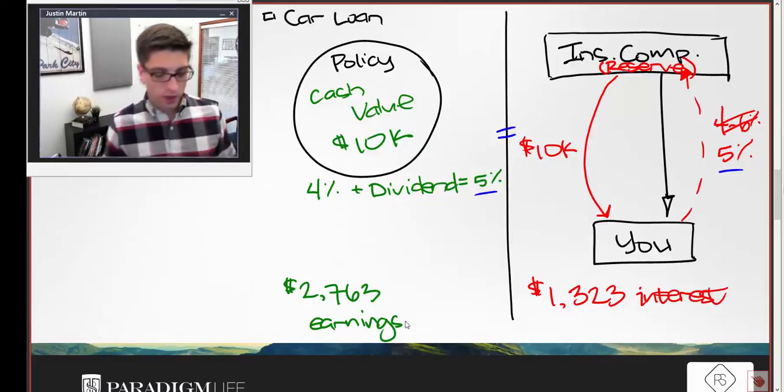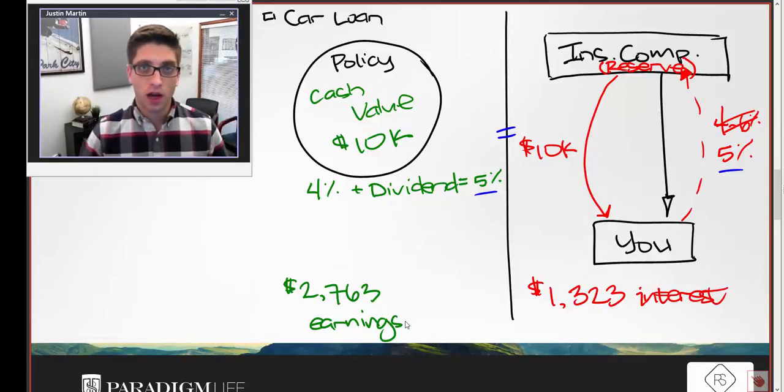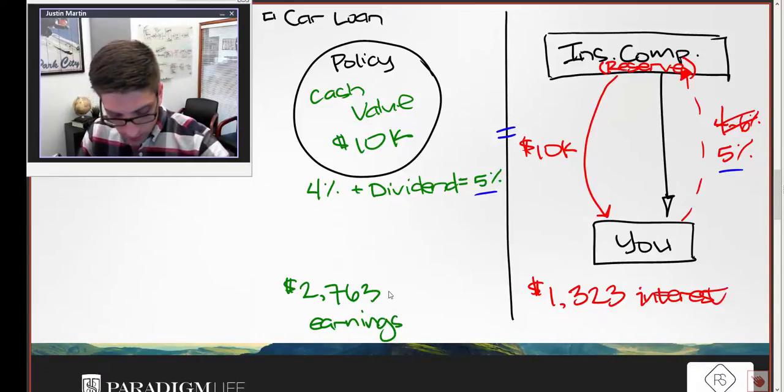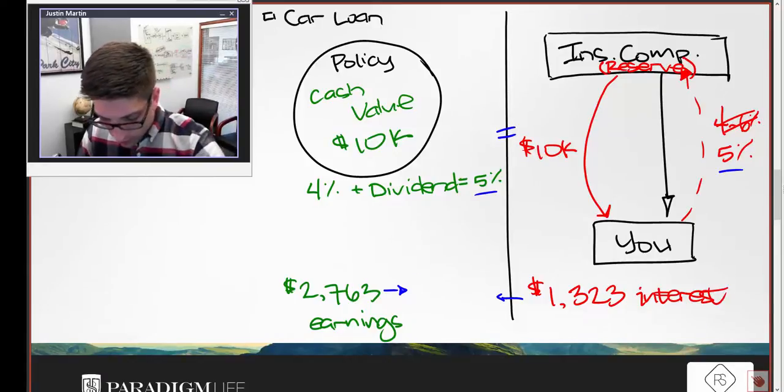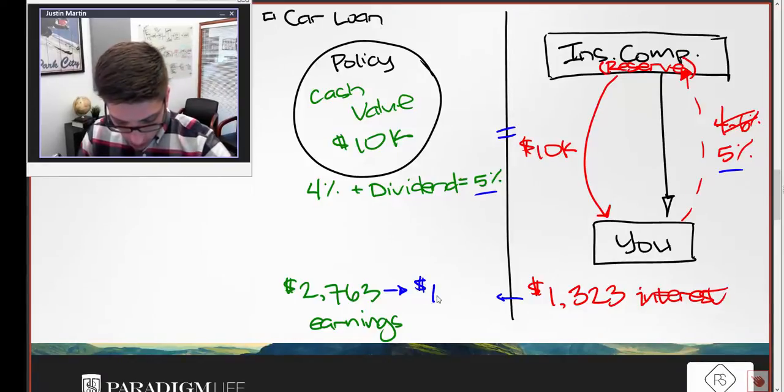So how did we fare with this policy loan? Well, we earned $2,763, and if we subtract that interest, the $1,323, we'll see that our net profitability off of this policy loan was $1,440.